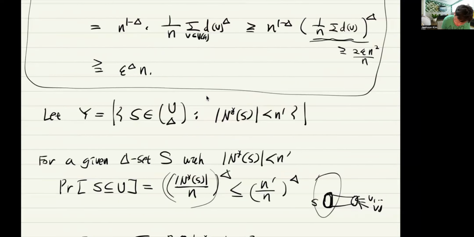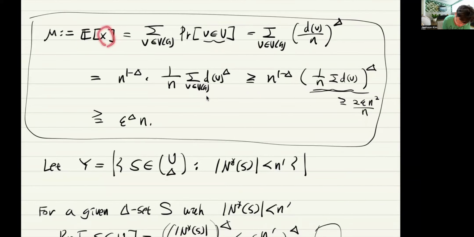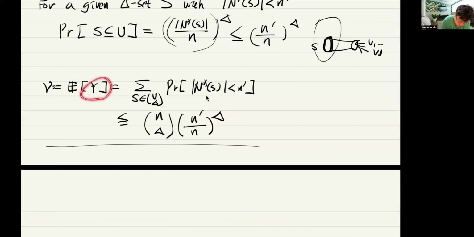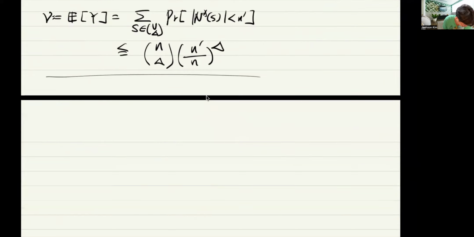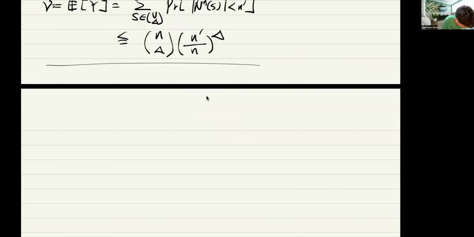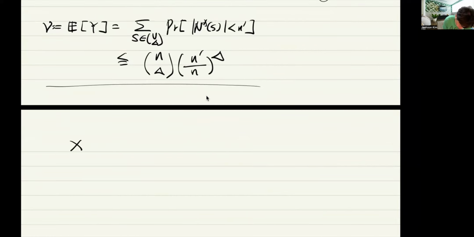So this X is a random variable, but this mu is an expectation. This is an actual number. Y is a random variable, but its nu is also an expectation to be computed. It's a number. Then what we can consider is this expression. This is a random variable.